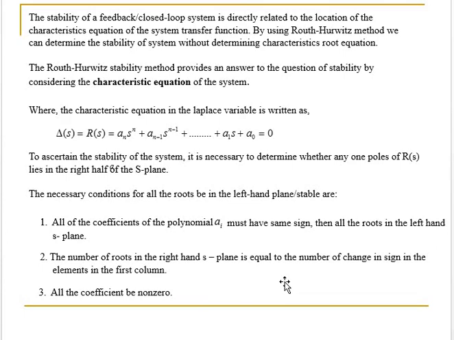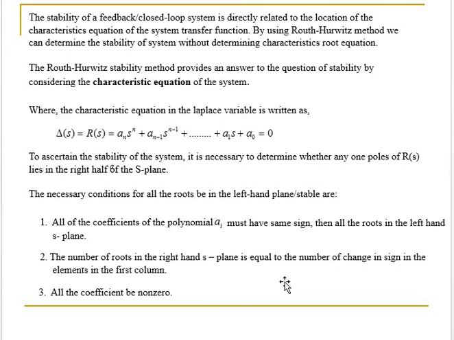The necessary conditions for all the roots to be in the left half s-plane, or stable, are: one, all the coefficients of the polynomial a_i must have the same sign, then all the roots are in the left half s-plane.